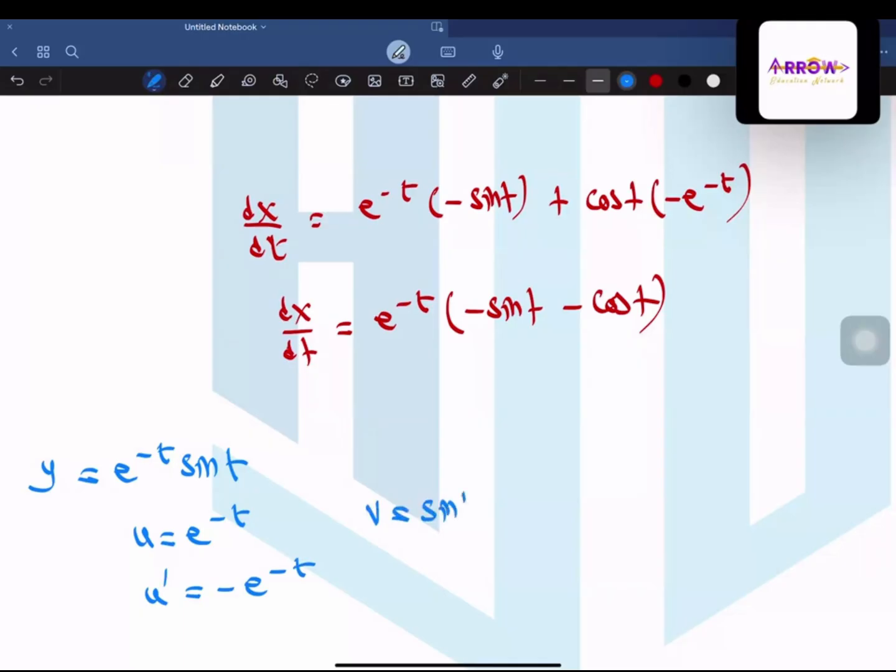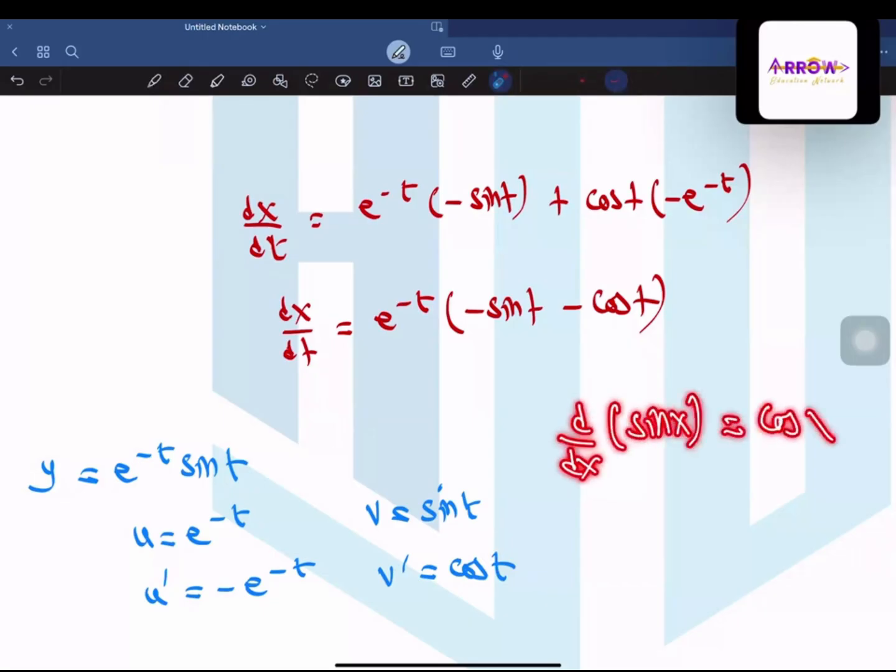And v is equal to sine t, so we say that v dash is equal to cos t, because you know the concept that when you differentiate sine x with respect to x, you get cos x.